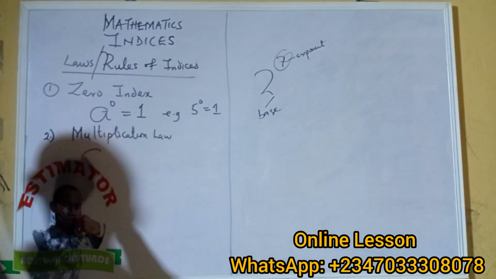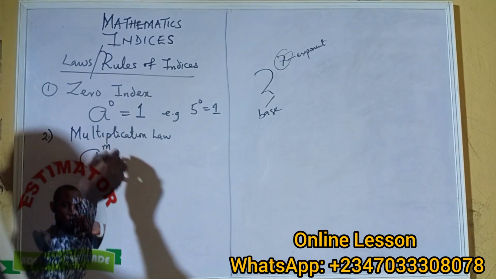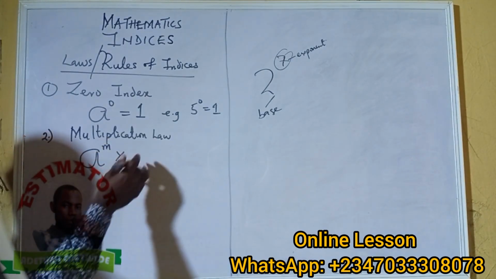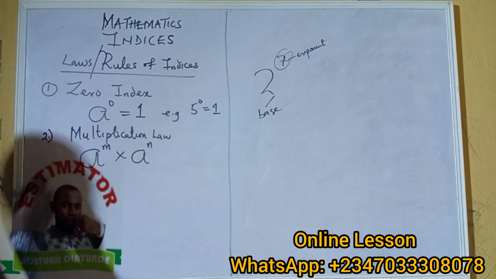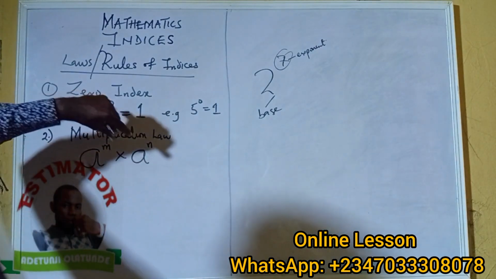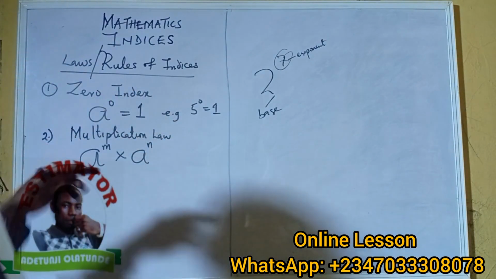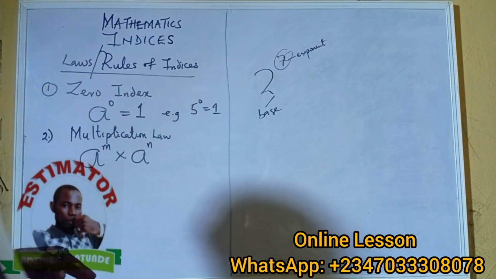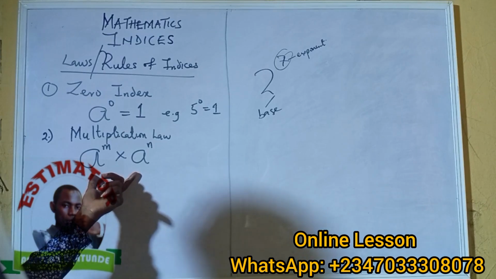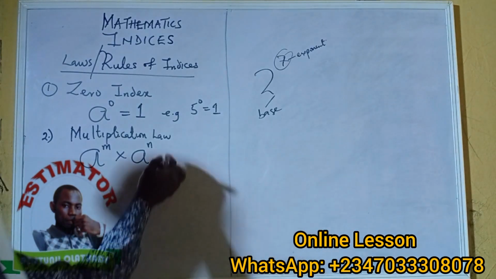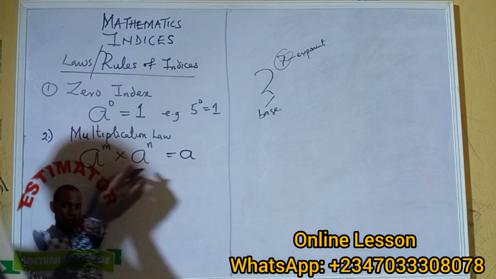In case I have a exponential m multiplied by a exponential n, that is, I am multiplying the same base but different powers, though the exponents may even be the same. Once the bases are the same, just pick one of them. Then you check the operation.